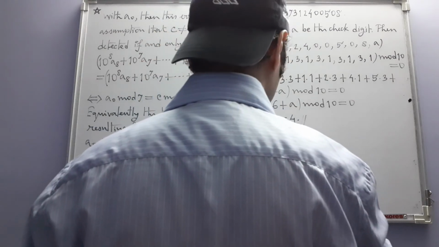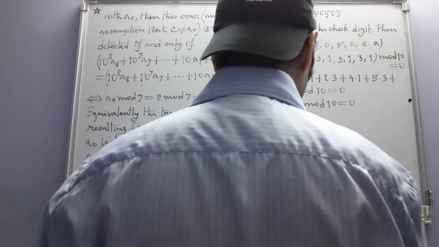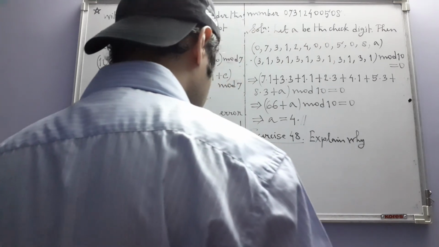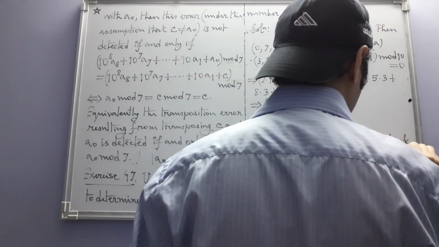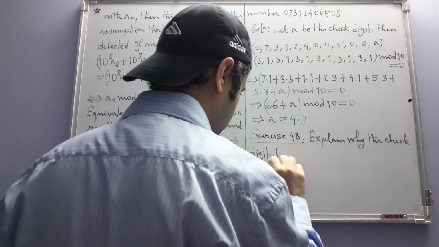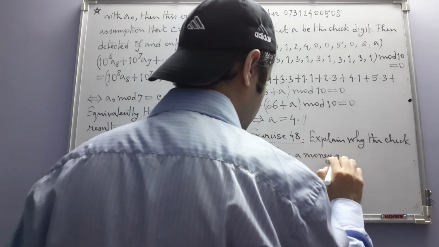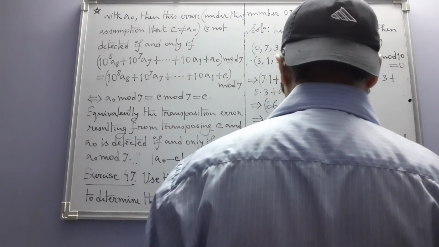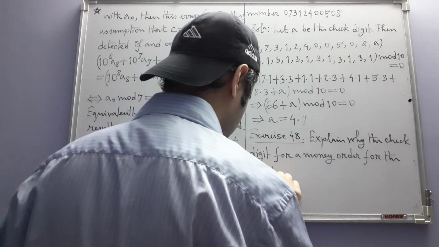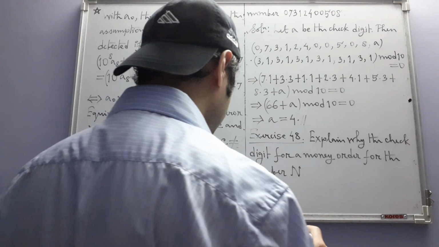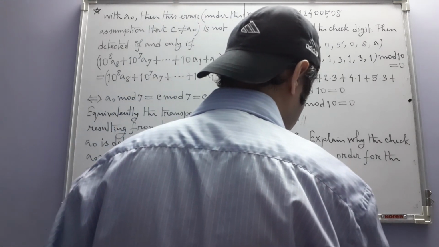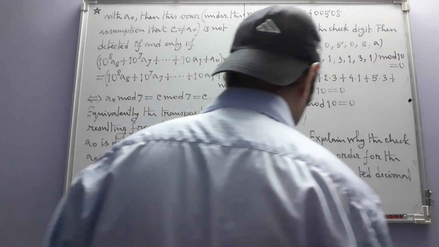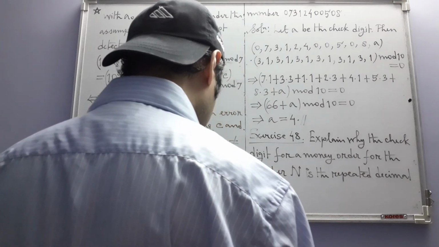Next, exercise 48. Explain why the check digit for a money order for the number capital N, N is some positive integer, is the repeated decimal digit in the real number.